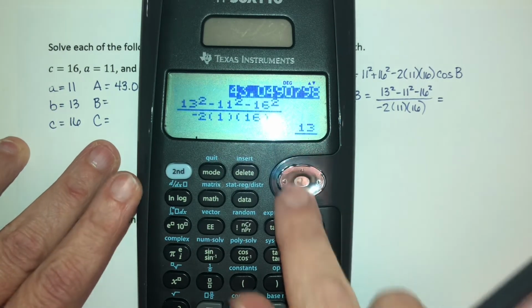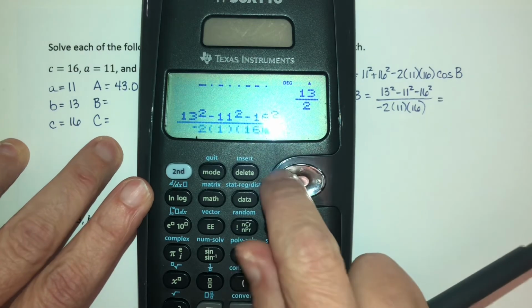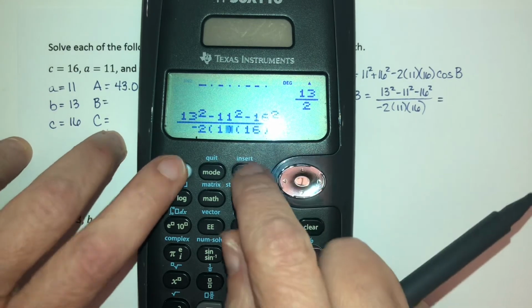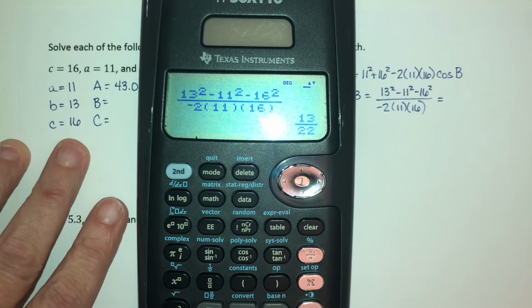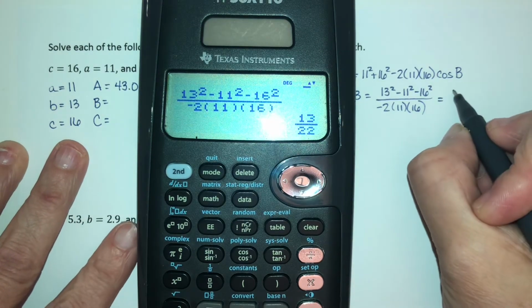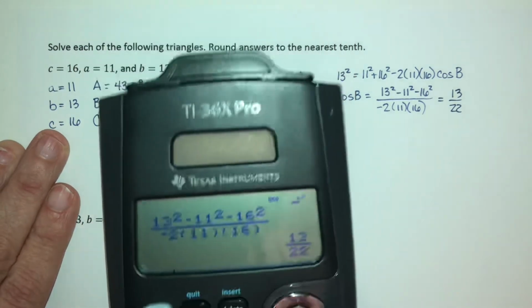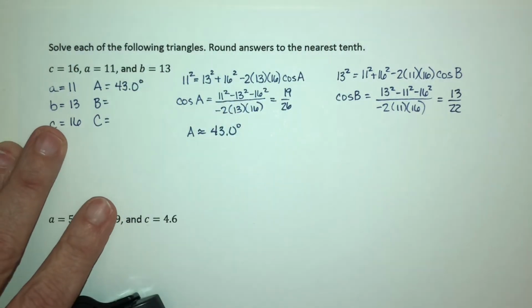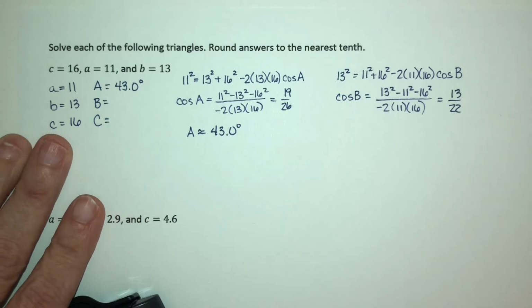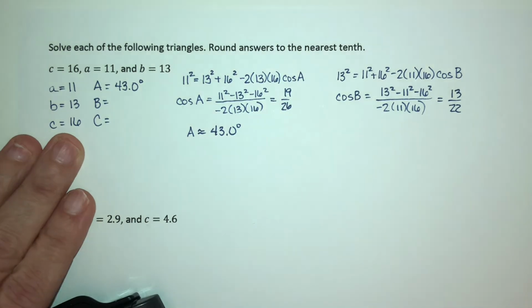So let me go up and change that. Okay, so that's exactly equal to 13 over 22. Now, why did I know that I made a mistake? Because the previous answer I got was larger than 1, and if you take inverse cosine of something larger than 1, you get an error.